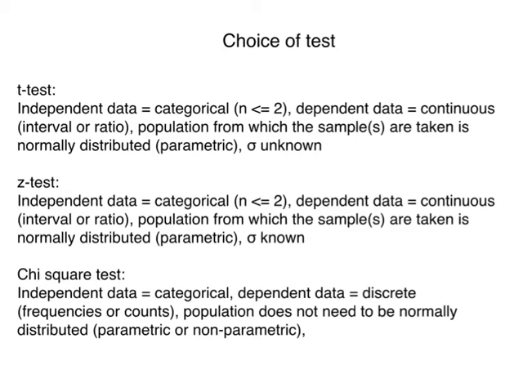We'll just simply have a category. And for a t-test, we can have a maximum of 2 categories. We can have 1 category, or 2 categories. We cannot do more than 2 categories with a t-test. The dependent data, that's the data that we actually measure, that we observe. They need to be continuous.